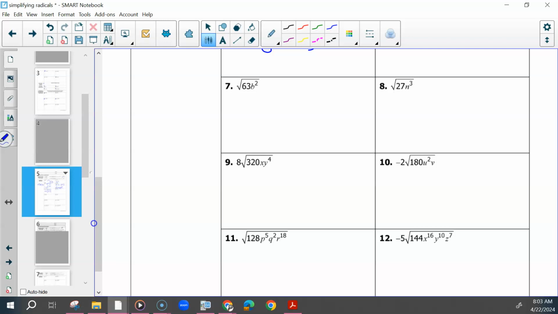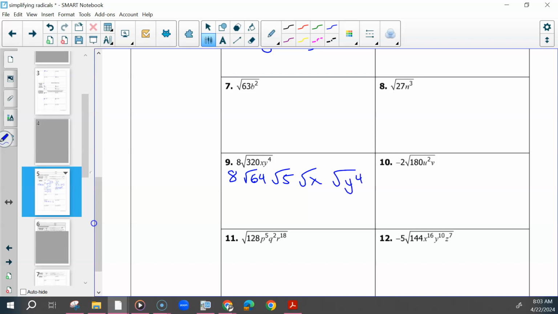See which one would work. 64 and. So we have the 8 on the outside already. Don't lose that. And then, could we simplify the square root of x anymore? No. So that one's going to just stay on the inside.